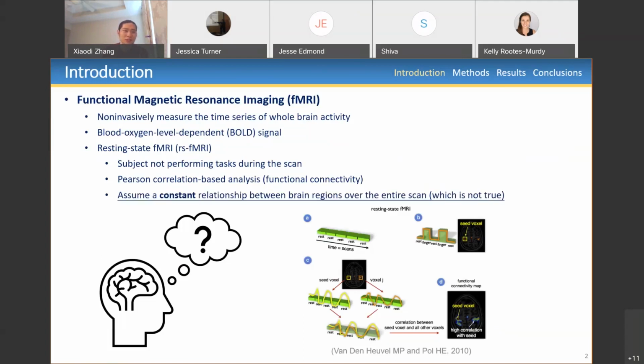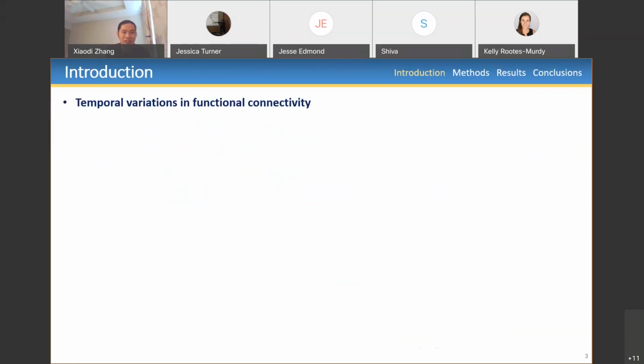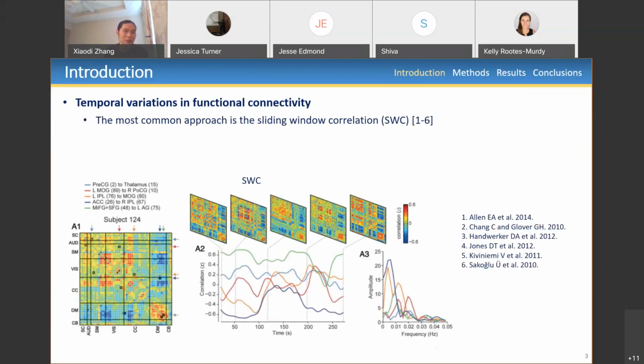This method does assume a constant relationship between different brain regions over the course of the entire scan, which is not necessarily true. Recent studies have found temporal variations in functional connectivity. The most commonly used approach is the sliding window correlation. This is relatively straightforward.